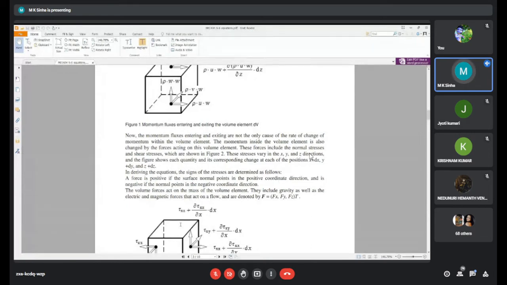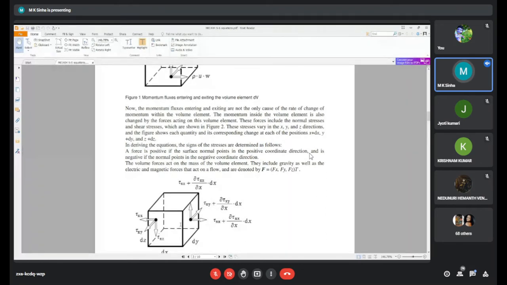So a force is positive if the surface normal points in the positive coordinate direction of our coordinate system, and is negative if the normal points in the negative coordinate direction.